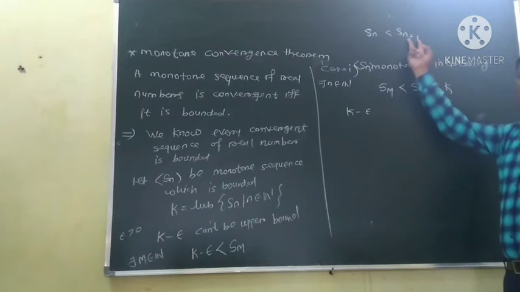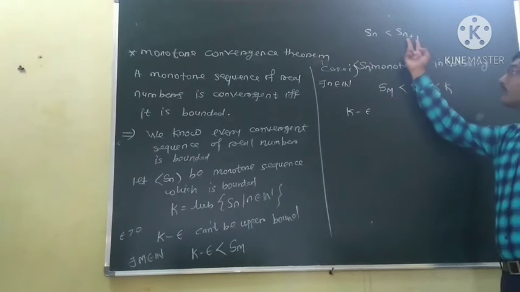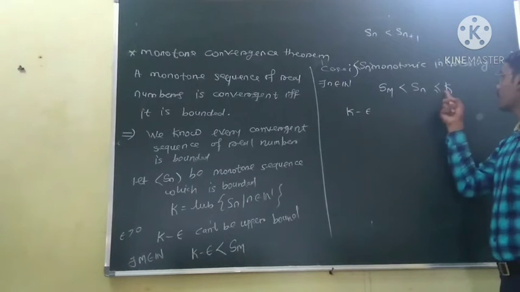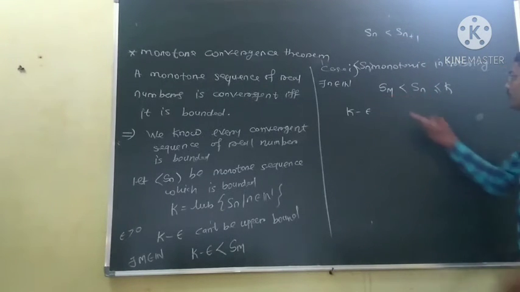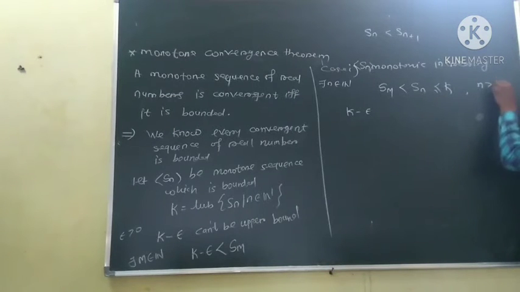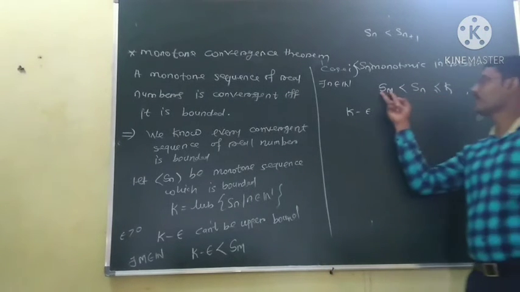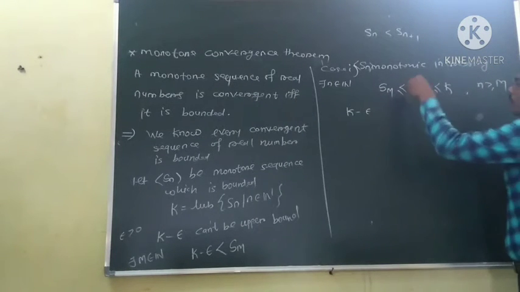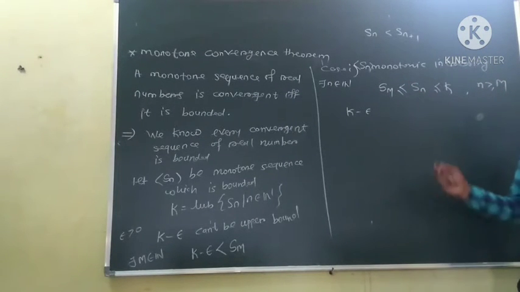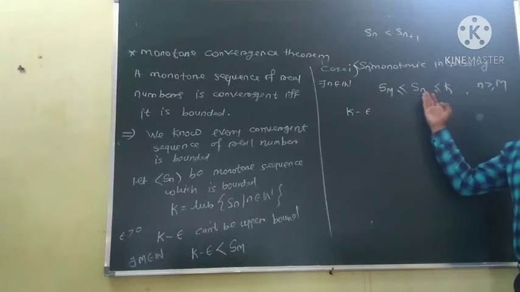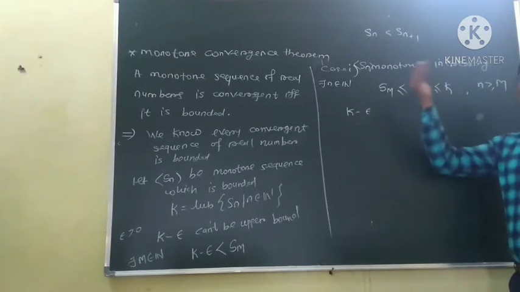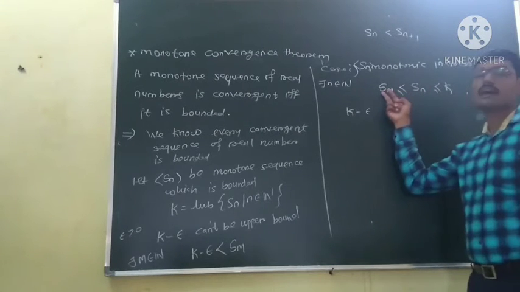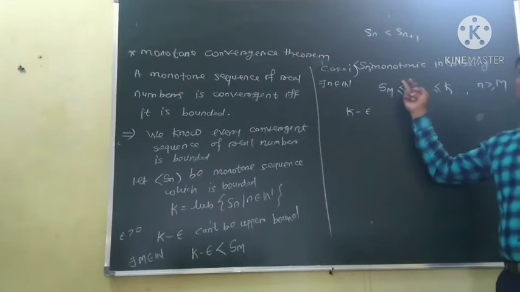So when we increase the value of the natural number, we get a higher value of the element of the sequence. Whenever n is greater than or equal to m, Sn is greater than or equal to Sm. This is by the definition of a monotonic increasing sequence.